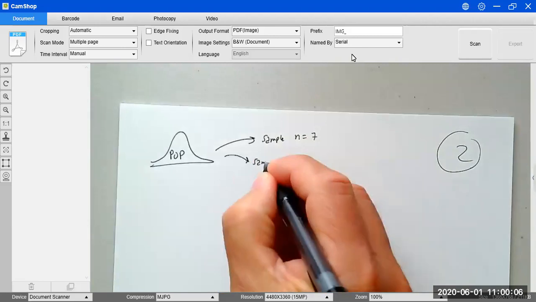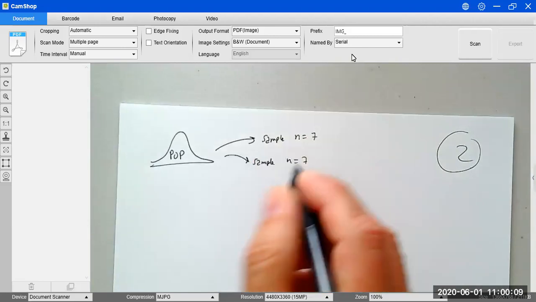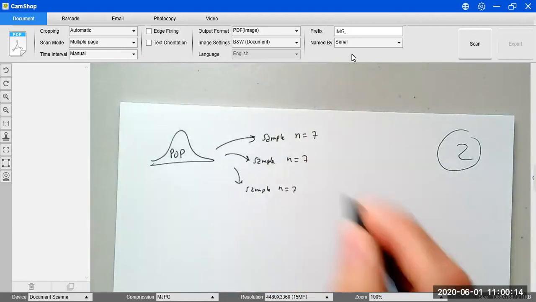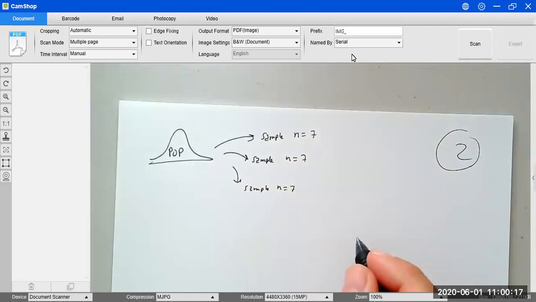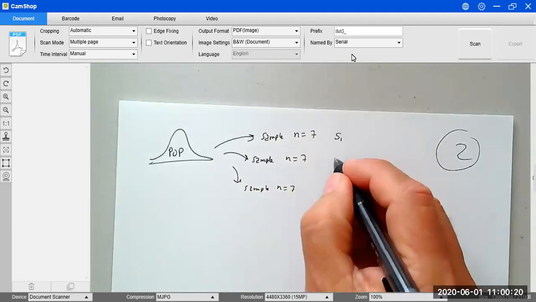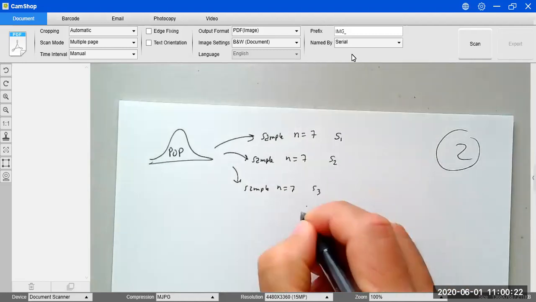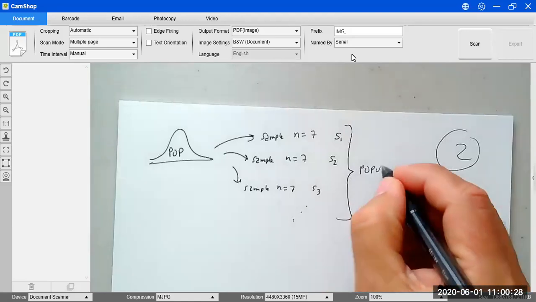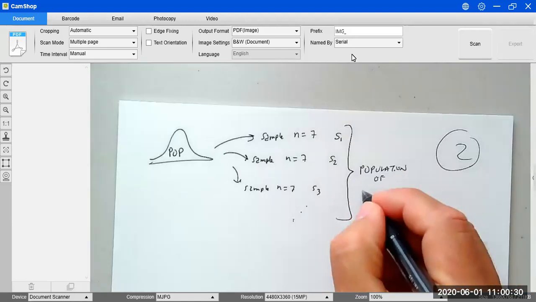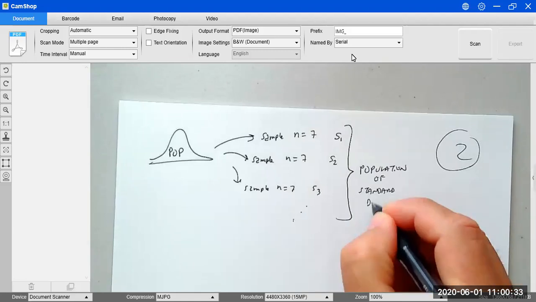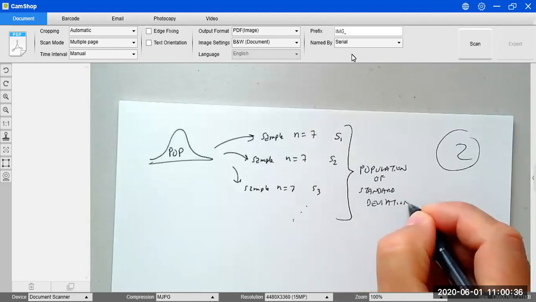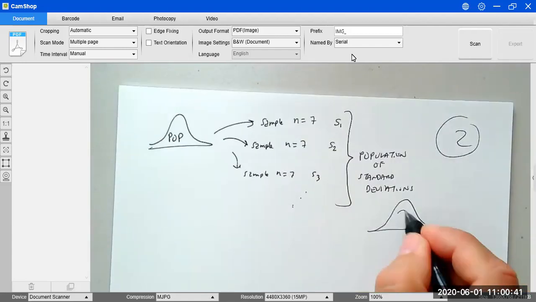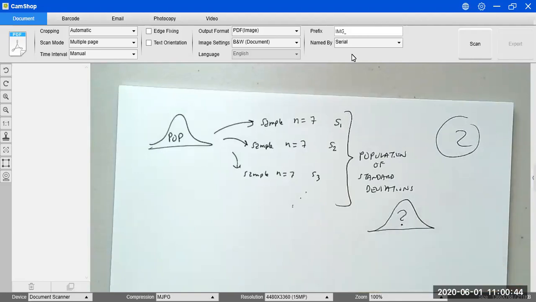I'm going to collect a lot of samples of size 7, and so on. But now instead of computing the mean, I'm going to compute the standard deviation for each sample. So now I'm going to obtain a population of standard deviations, and this population of standard deviations follows a distribution. What is the distribution? That's what we're going to learn in this chapter.